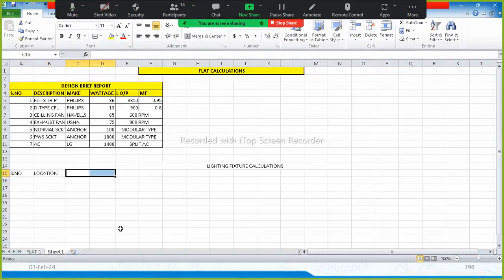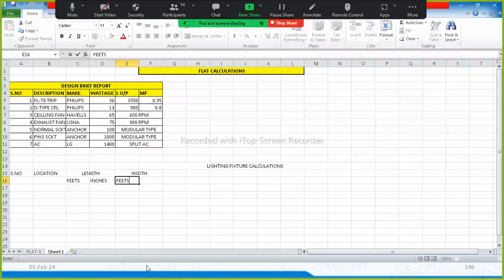Next we require length and width. I'm merging these two things and naming them length, and in the same way width. Here I'll write feet value and here inches value, the same for width: feet, inches.